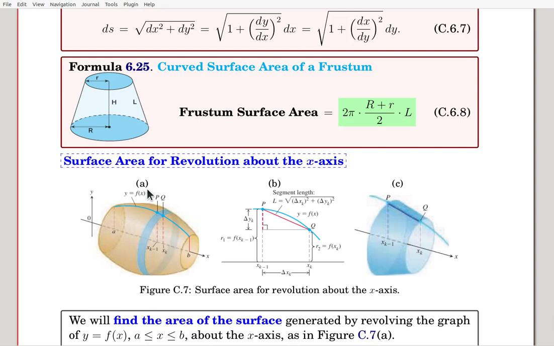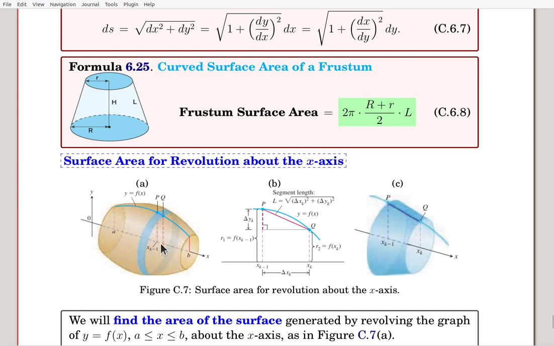the surface area for revolution about the x-axis. This curve is rotated about the x-axis, and then a surface is made.